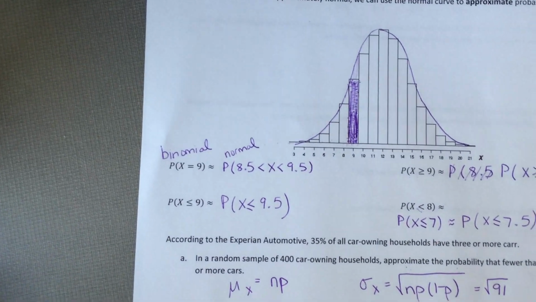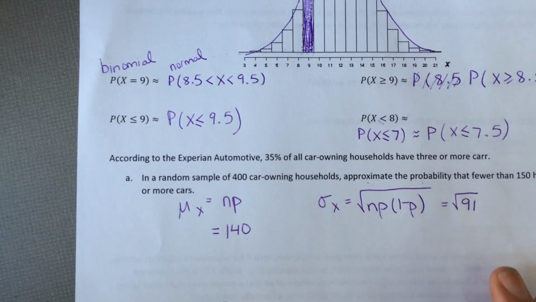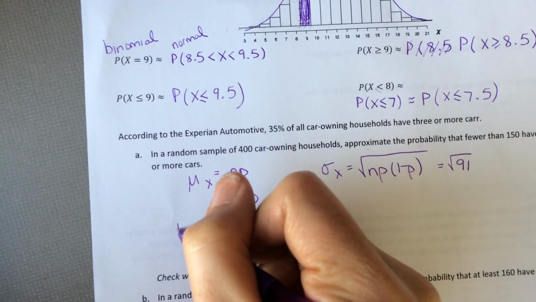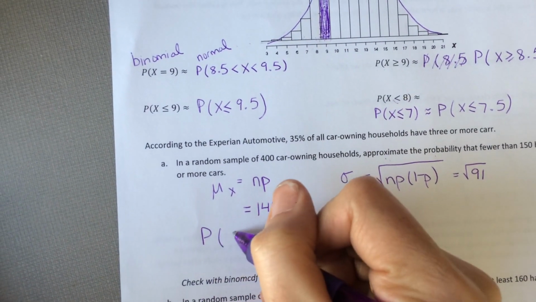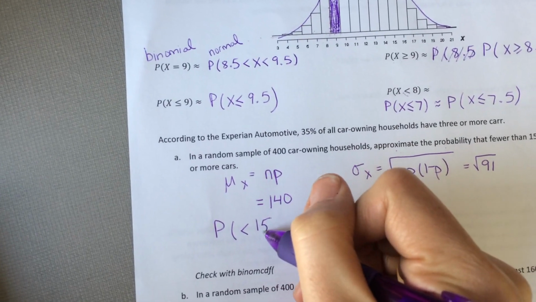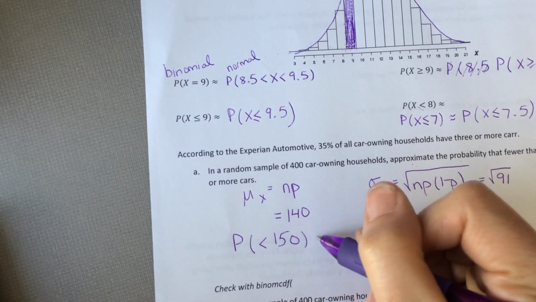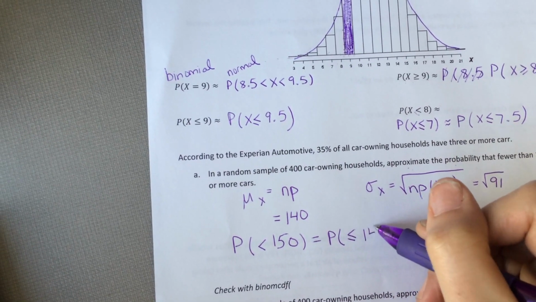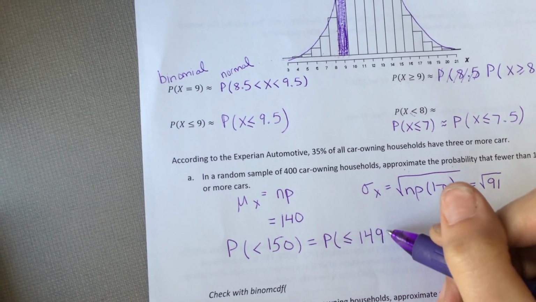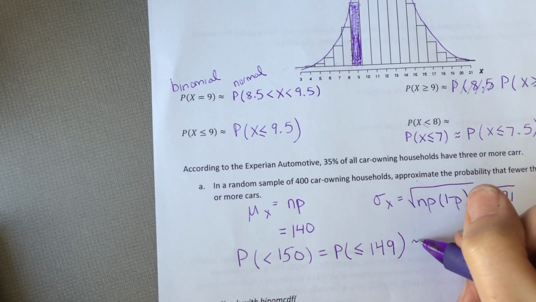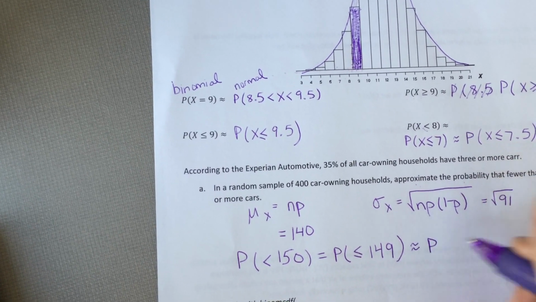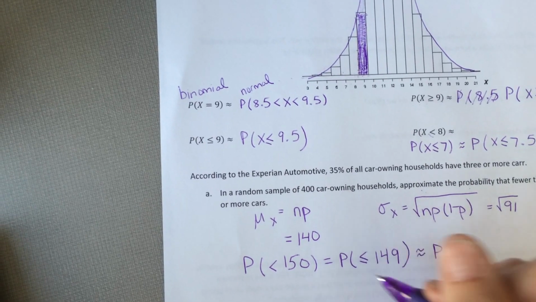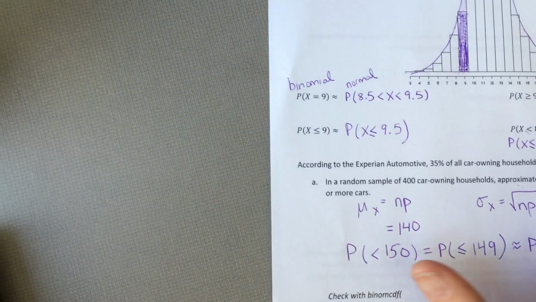If we want to approximate the probability that fewer than 150 have 3 or more cars, a good first step is always to write out what we're trying to find. Fewer than 150 is the same as less than or equal to 149. To approximate that using our normal curve, we can draw a little picture of our rectangle off to the side.